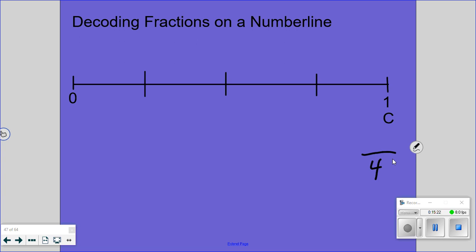Let's count our fourth size pieces. 1/4, 2/4, 3/4, 4/4. C is worth 4/4, which is also equal to 1 whole.